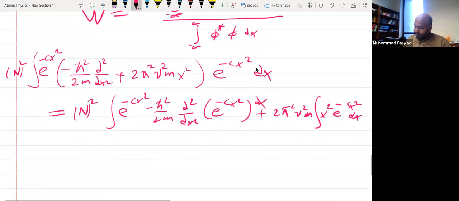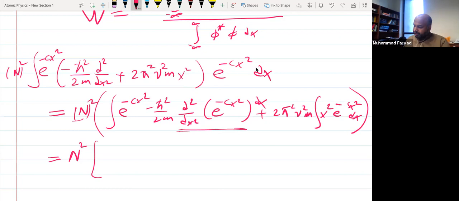There's a dx square, and this n square is multiplying everything. Okay, so I get n square. We have to operate this one.